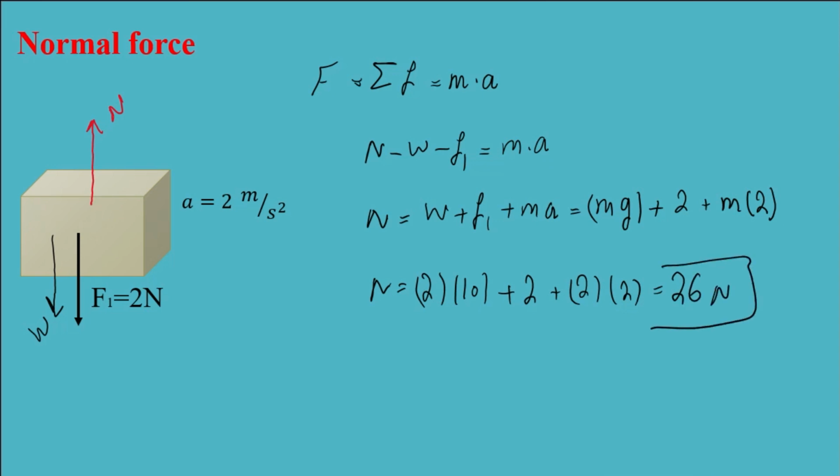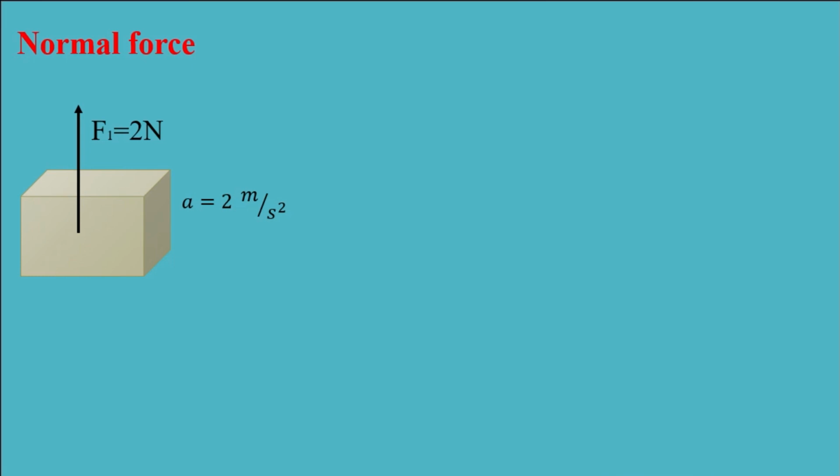What about the third example? Here I have a force applied upward. Again, my normal force is going to be upward, weight is going to be downward, and then my net force is going to be F1 plus N minus W, correct? And that's going to be m times acceleration. So let's substitute the numbers.